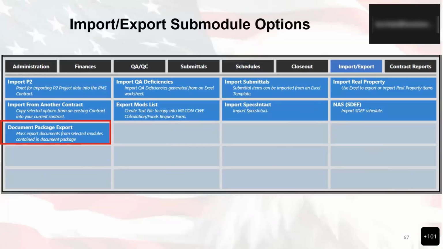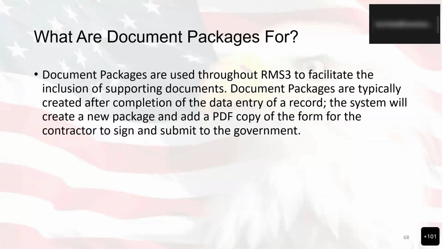All right, the document package export module provides the ability to export documents from various document packages throughout RMS. This was added because certain districts wanted to be able to export their documents out from within RMS into physical format. Document packages are used throughout RMS to facilitate the inclusion of supporting documents.